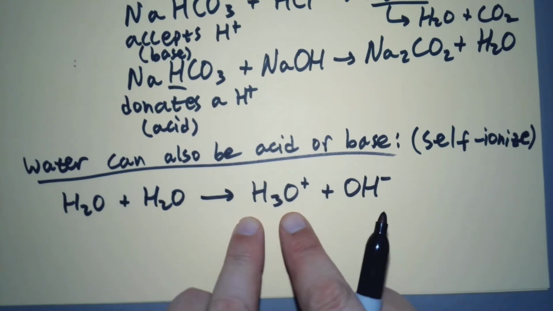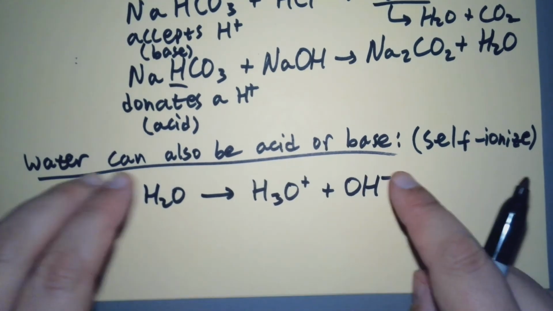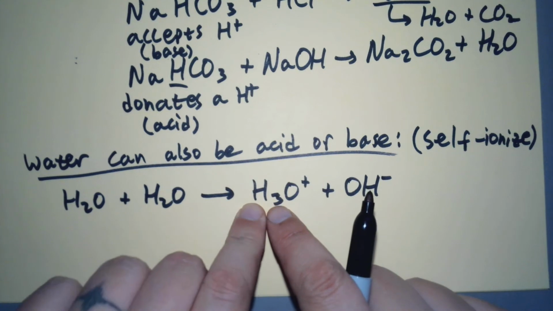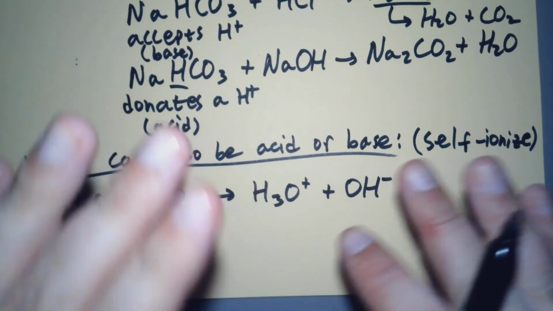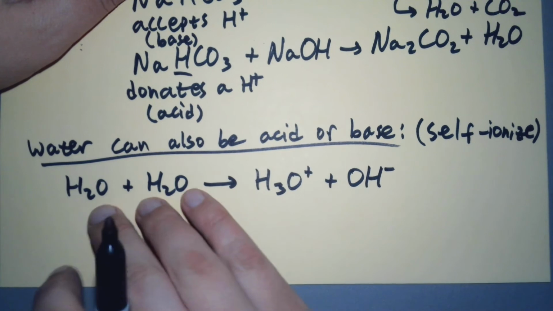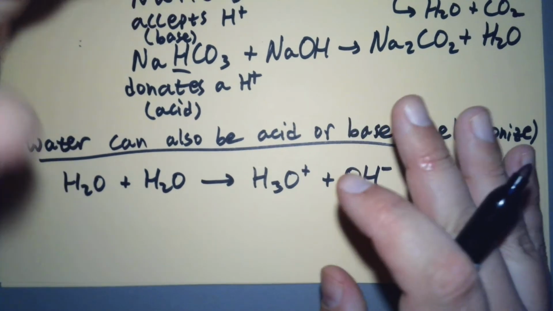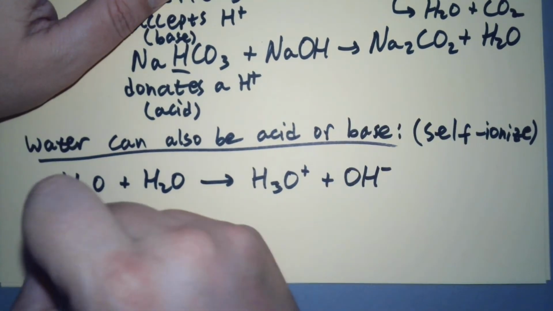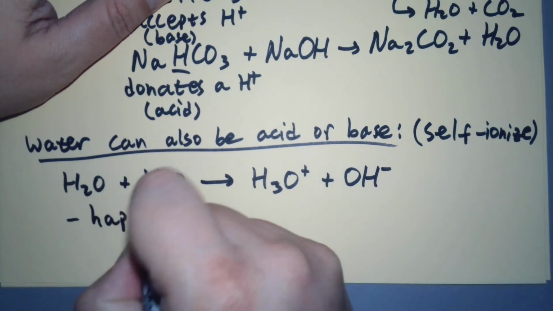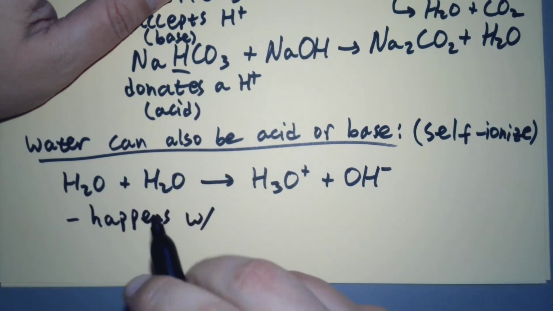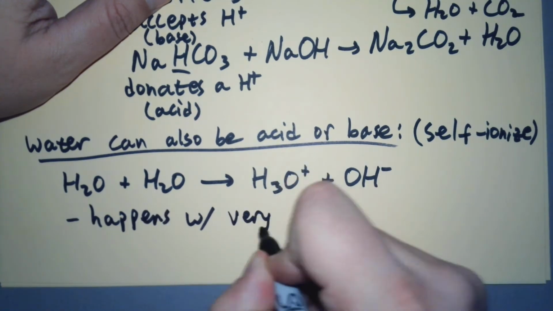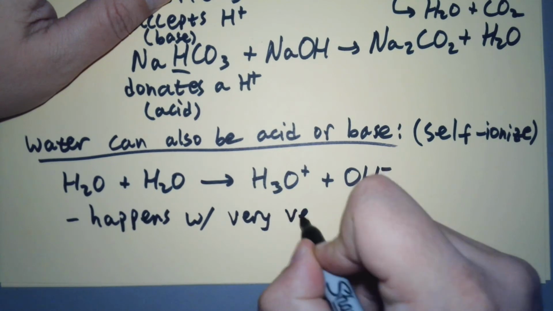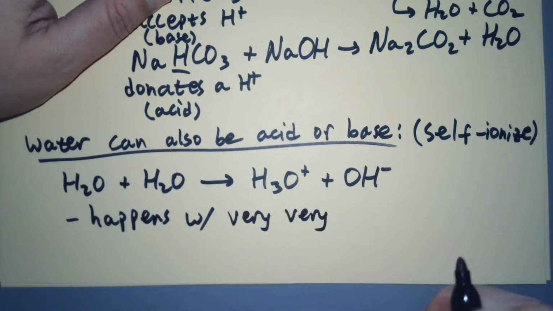And so this is why pure water has a pH, because it has the ability to generate H pluses or H3O pluses. The one detail I'll add to that is this doesn't happen with all water, thankfully. It would be a mess dealing with water if it did. This is going to happen with very few water molecules. Very, very few, like less than 1 in a billion.